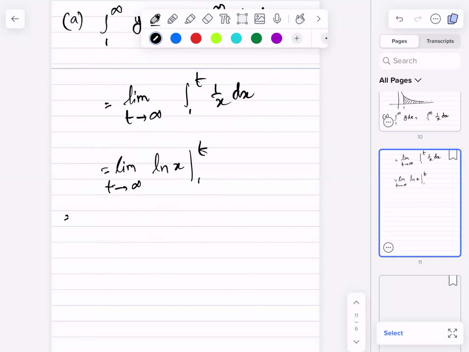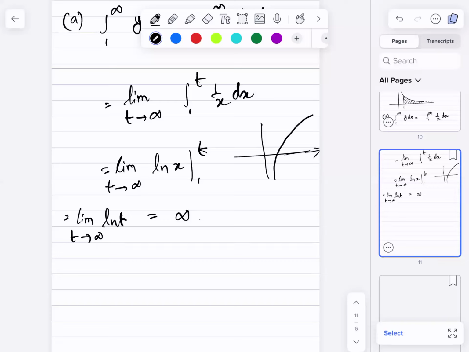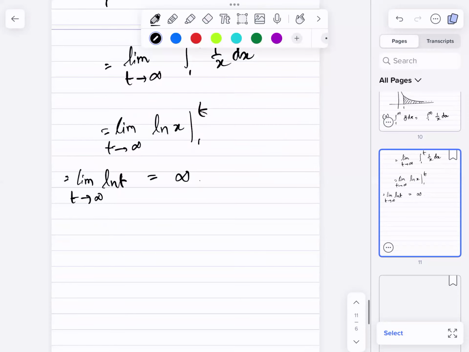That is ln t in the limit, which is just infinity, because remember ln is like this. When you go very far along the x-axis, the functional value will also be very large. Okay, cool. So this is diverging.